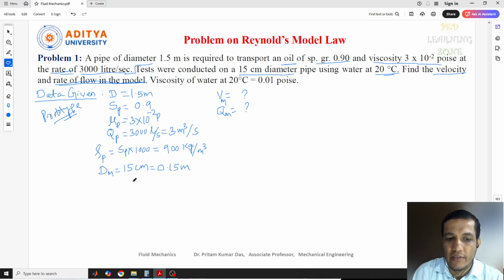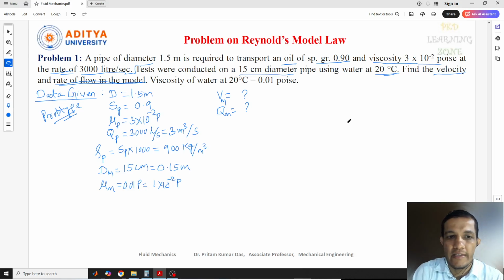Similarly, the temperature is given as 20 degrees centigrade, and the viscosity of water, that is the viscosity of the fluid which flows through the model, is given as mu equal to 0.01 poise. We can write this as 1 into 10 to the power minus 2 poise.